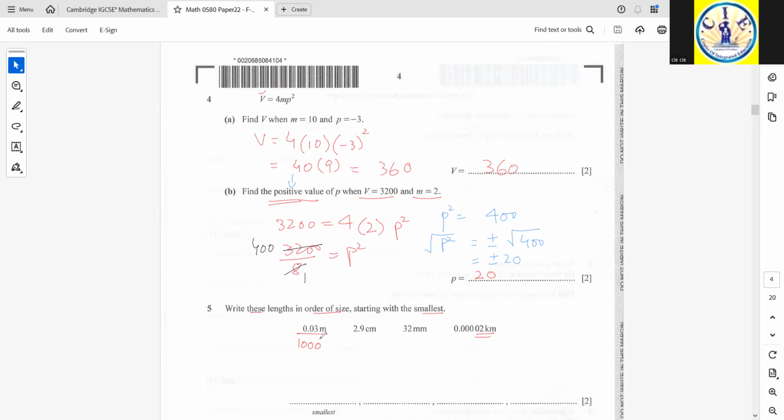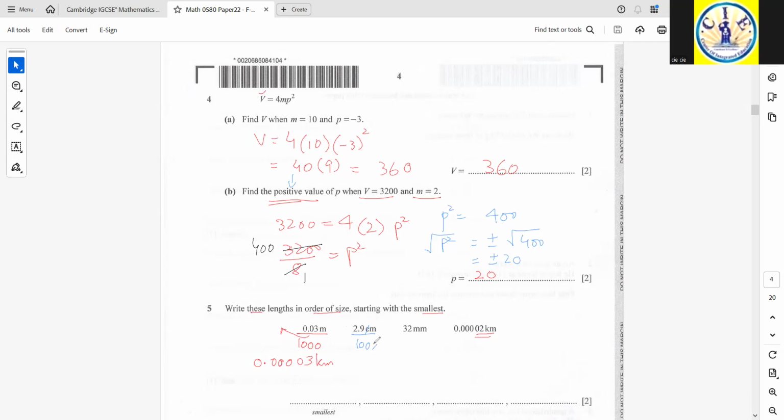Dividing with 1000, its decimal will shift 3 digits to the left. So that will generate 0.00003 kilometers.